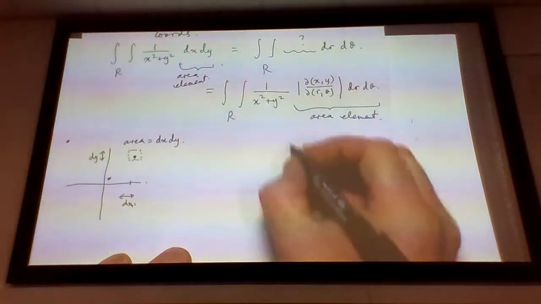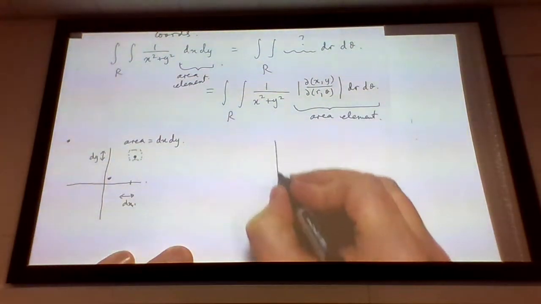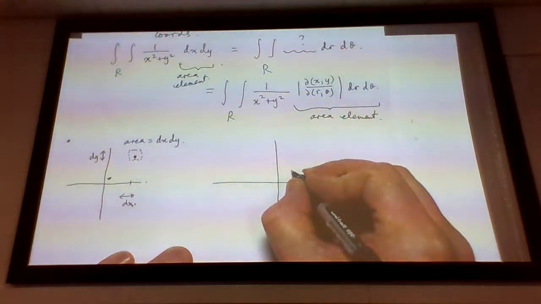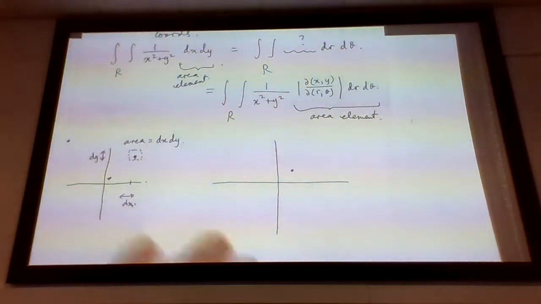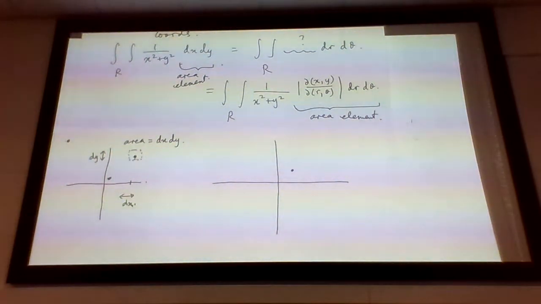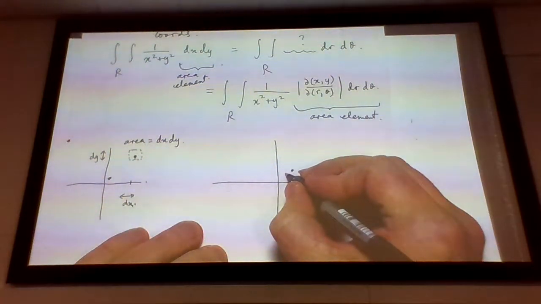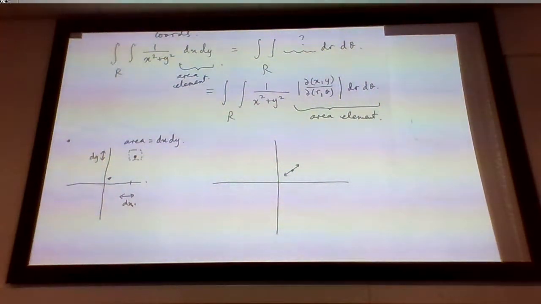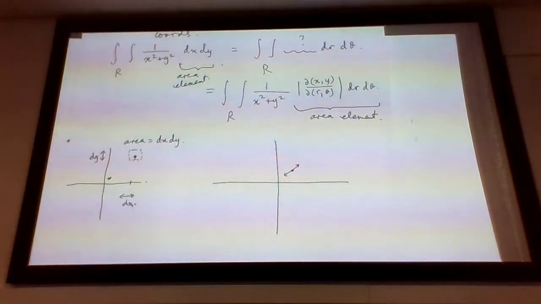Whereas with polar coordinates, something different happens. Let's say we're at this typical point here, and we vary the radius, r. Well, that will be getting closer to the origin and further away from the origin. And we also vary the polar angle theta.